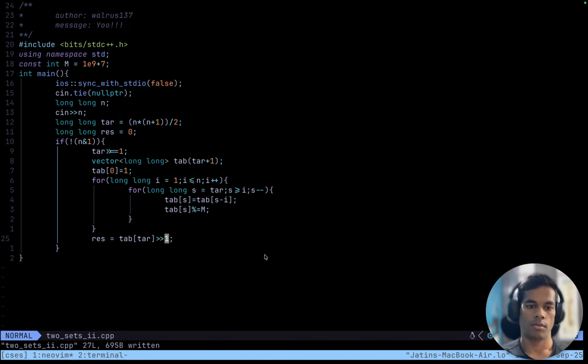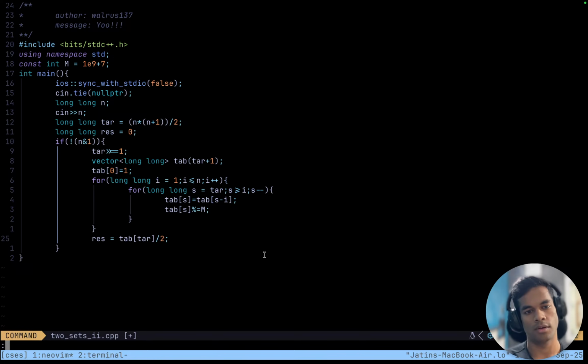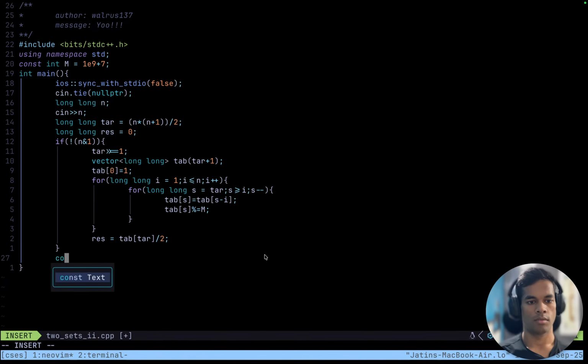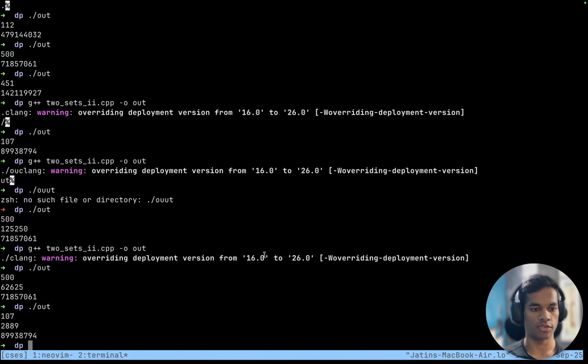So, I think that is the syntax for left shift. Cout res endl, which will append a new line and also flush the output.